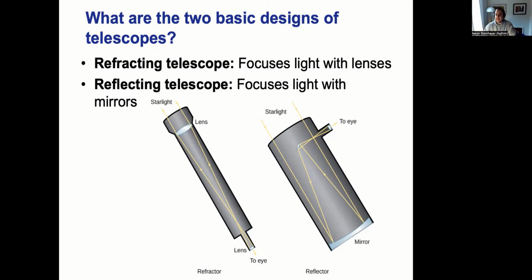A lens can be made out of pretty much anything that light can pass through. Things like glass, plastic, water, anything that light enters and can pass through, where the speed of light is different, where it slows down. We've already talked about the speed of light a lot in this class. It's 300,000 kilometers per second in a vacuum.